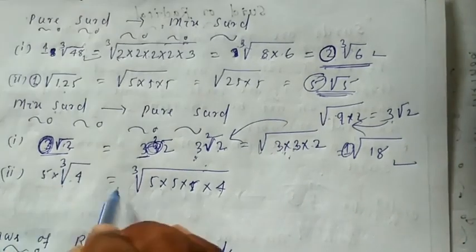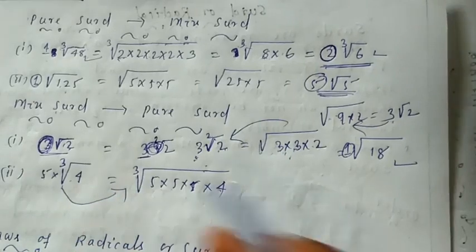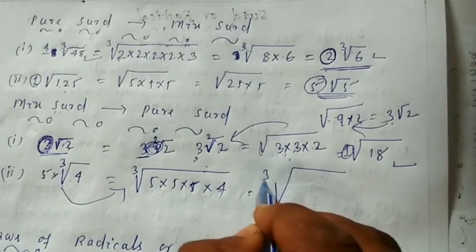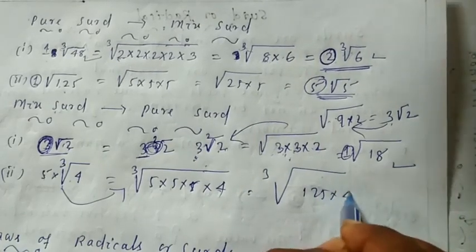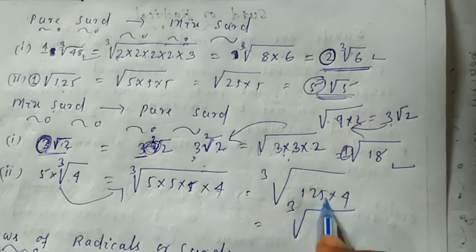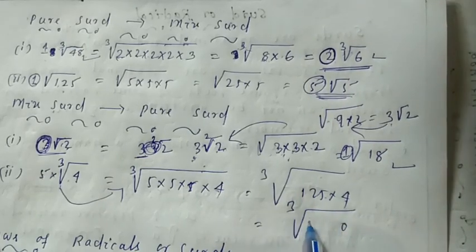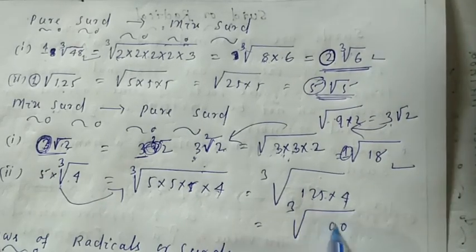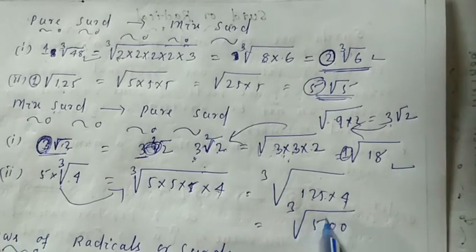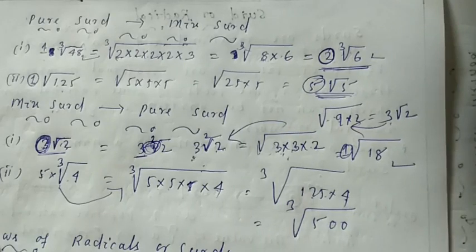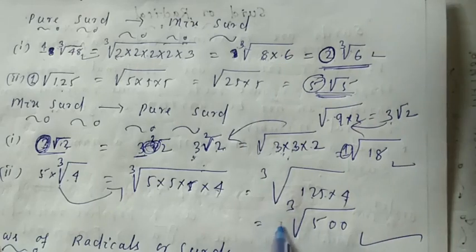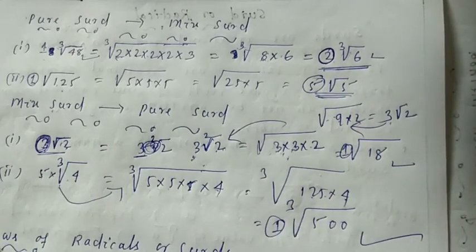So this one you can write as cube root of 125 into 4, that means cube root of 500. So cube root of 500 is an example of a pure surd because here the rational factor is 1.